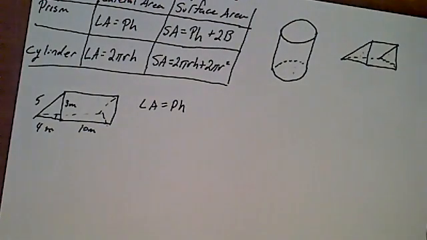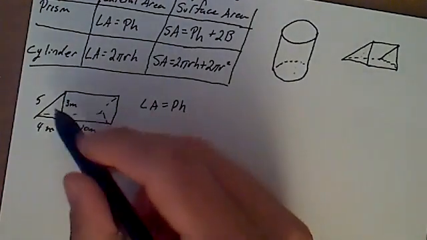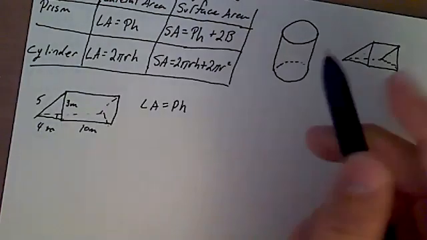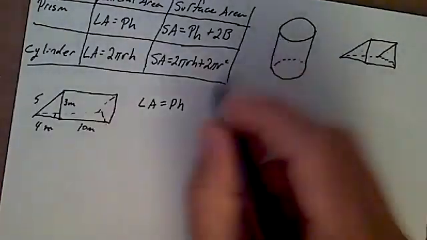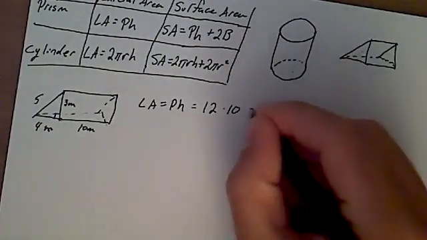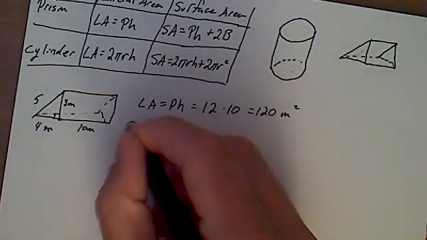Well, if you take 3 times 10, 4 times 10, and 5 times 10 and add them together, that is just 3 plus 4 plus 5 times 10. And that is the distributive property that would allow us to do that, which puts us back to perimeter times height. Our perimeter of the base, 3 plus 4 plus 5, is 7 plus 5 is 12. So we get 12 times 10, which is 120 meters squared.